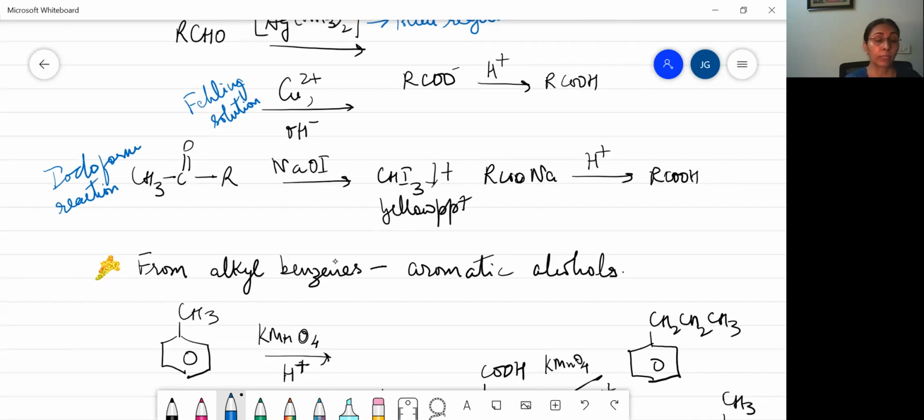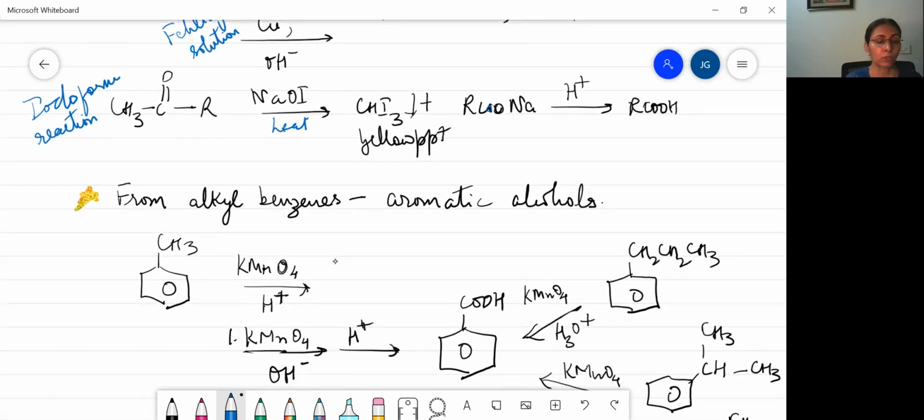When methyl ketones are treated with sodium hypoiodide, or NaOH in presence of I2, and you heat them, you get iodoform, that is a yellow precipitate, and the rest of the molecule is converted into carboxylate ion, the sodium salt of carboxylic acid, which upon acidification will give you again carboxylic acid. But this carboxylic acid will have one less carbon atom than the starting material. That is descending the series.